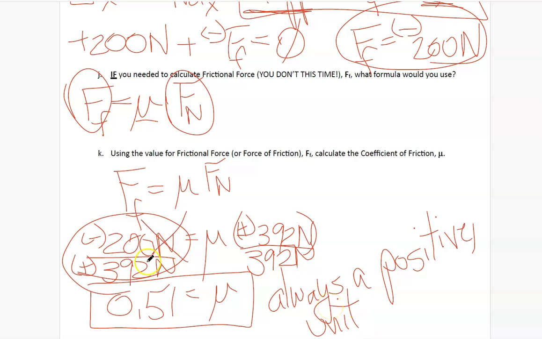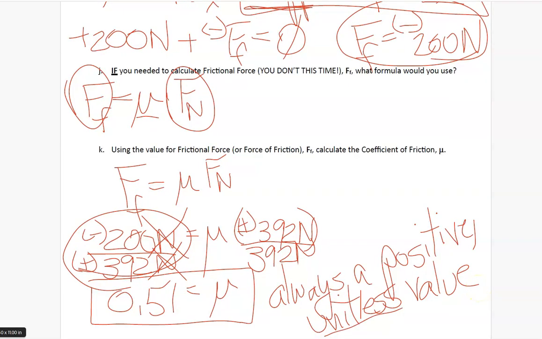Because we have newtons divided by newtons. They cancel each other out. Mu, the coefficient of friction, is a ratio. Ratios of the same type of units are unitless ratios. So this is a unitless value. It's one of the few that you're going to have in this course that has no unit. And that completes problem number 1.